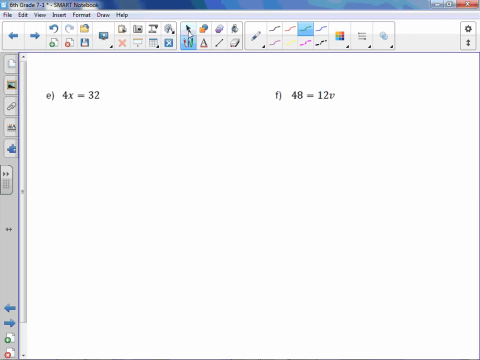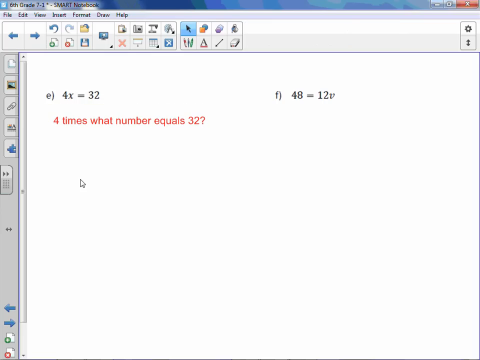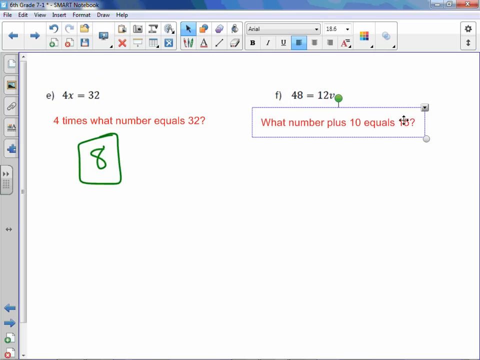Letter E. Remember, this is multiplication. 4 times what number equals 32? Well, 4 times what equals 32? 4 times 8 equals 32. Letter F. This one's written a little differently, but that's okay. 48 equals 12 times what number?